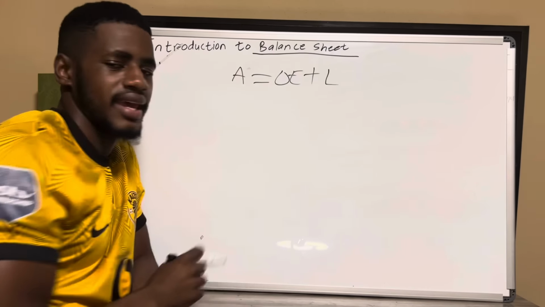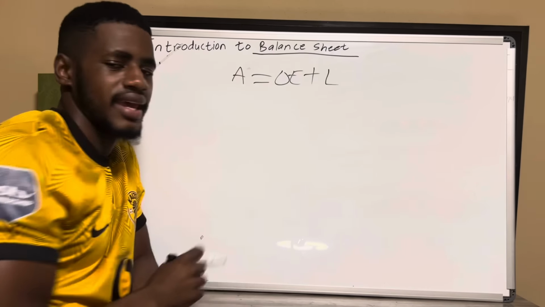As you know, I always try to simplify my work without losing you guys. So basically, the accounting equation is going to be broader, with more details. That is our balance sheet. The A, remember, is for assets. The OE is for owners' equity. And the L is for liabilities.